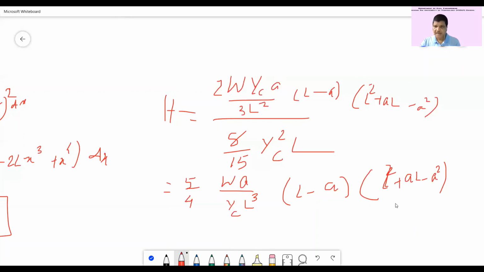For any value of a, you can find out the value of H. So a is L by 2, a is L by 4, or a is equal to some other value. You can do all these things, and then find out these values of H for concentrated loads acting on the arch.